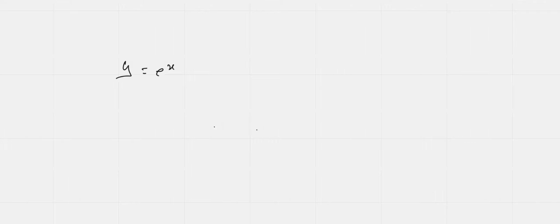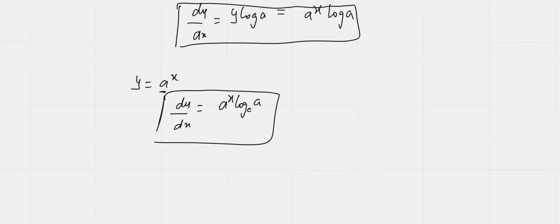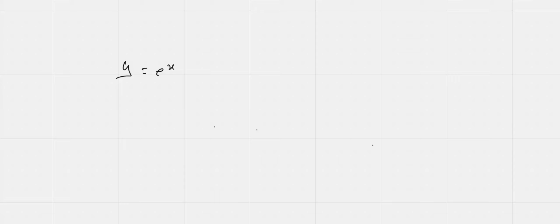The last one is dy by dx is equal to a power x log c. No, no, it's log e, with e as a base, and that a. Why can't I see this? I've shifted to the new page. Check it once. Now I can see it, sir. y is equal to e to the power x.